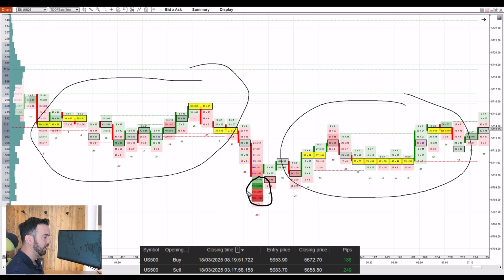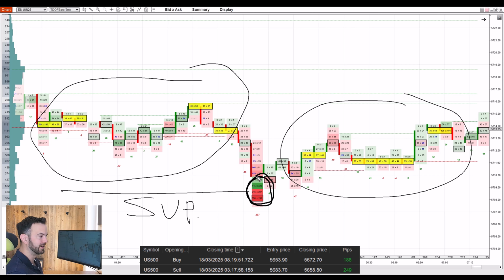Only in here, only at that support. This is telling you something, right? This is no coincidence that those heavy volumes started to appear at the support. Big guys were entering their longs, and boom, this was the reaction, right?